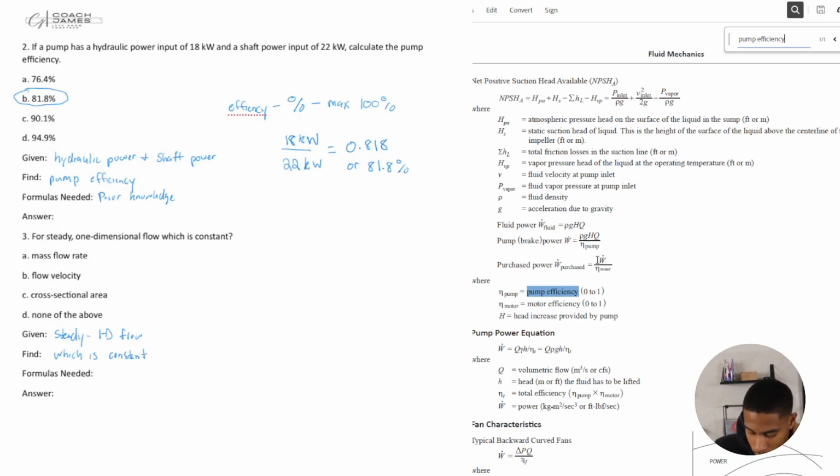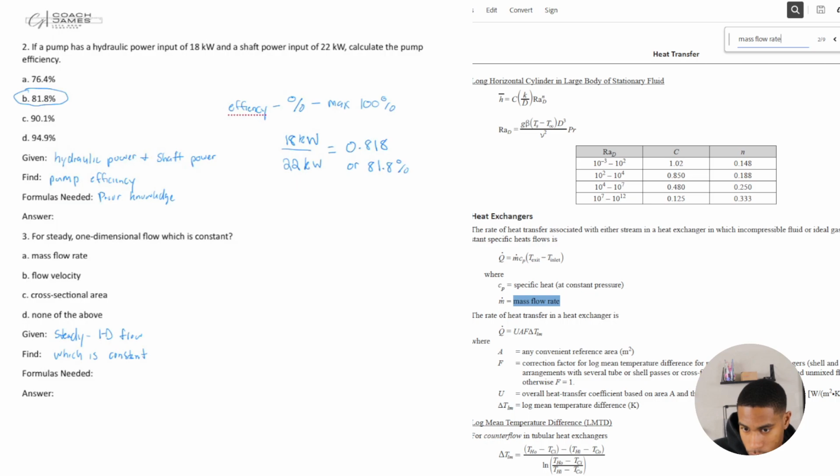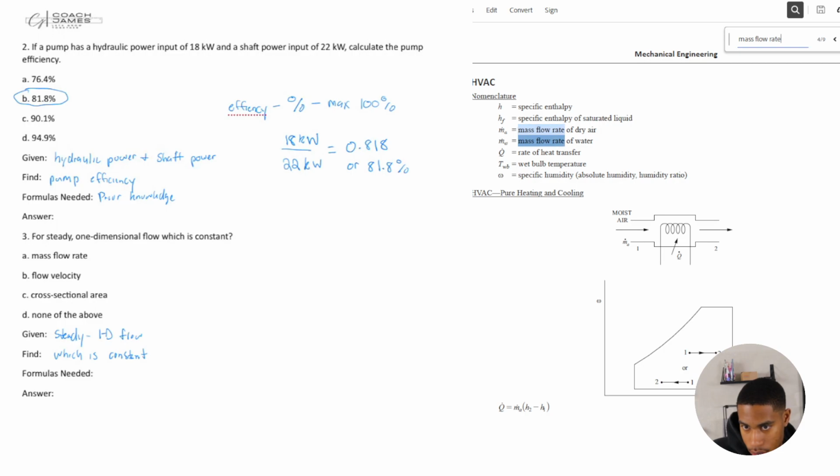All right, so let's look up mass flow rate. I'm just reading, making sure that I don't see anything dealing with one-dimensional flow. Heat exchangers, that's the section I'm in. HVAC.